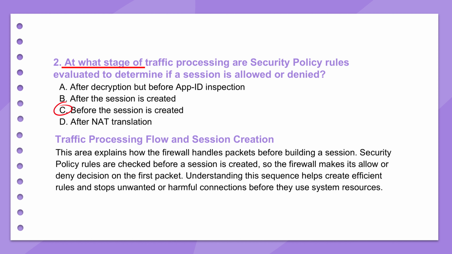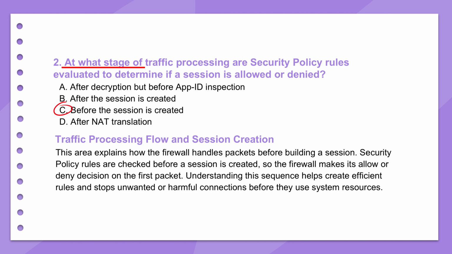As soon as the very first packet from a potential connection arrives, the firewall looks at that packet's header information, source, destination, port, application ID maybe, and checks it against the security policy rules. There's no waiting for a full handshake or session setup. And why is that so important? Why do it so early? Efficiency and security.